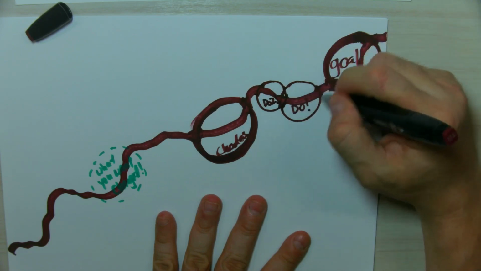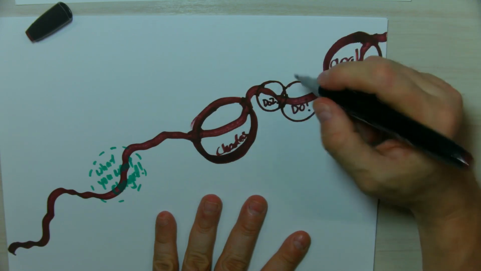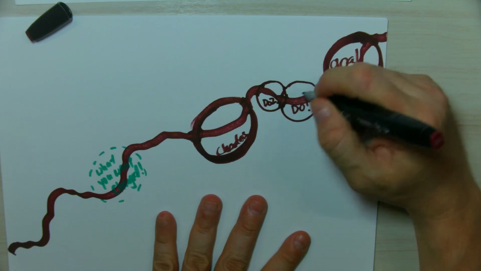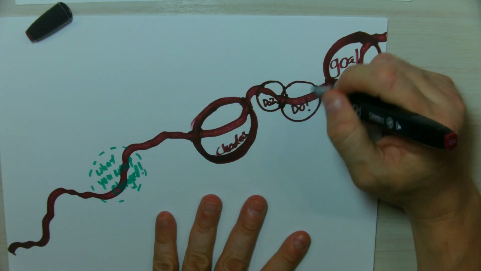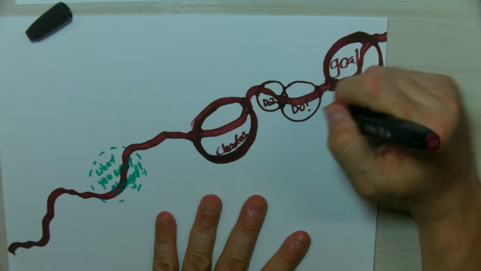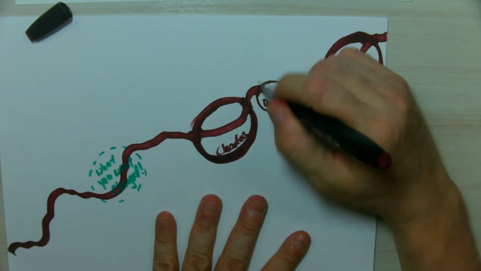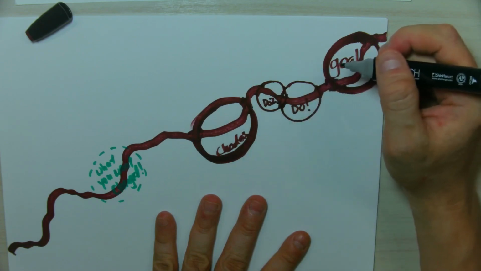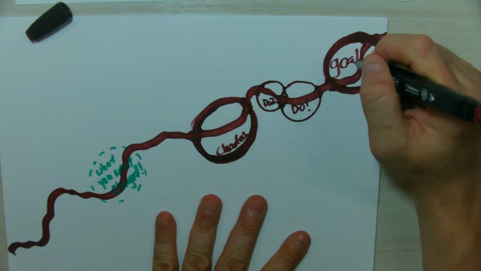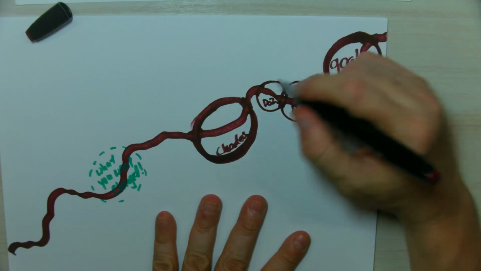So you're going to have as many circles as you have ideas of what you can do to reach this goal. You can have as many circles as you can fit in here, or even more.